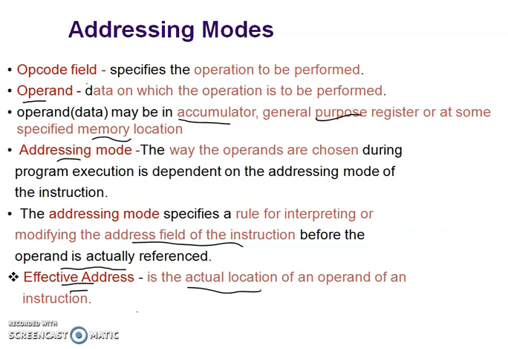This effective address calculation is based on the addressing mode being used. So addressing mode helps in understanding how the operands are stored or how they should be accessed from the memory or from any target location.